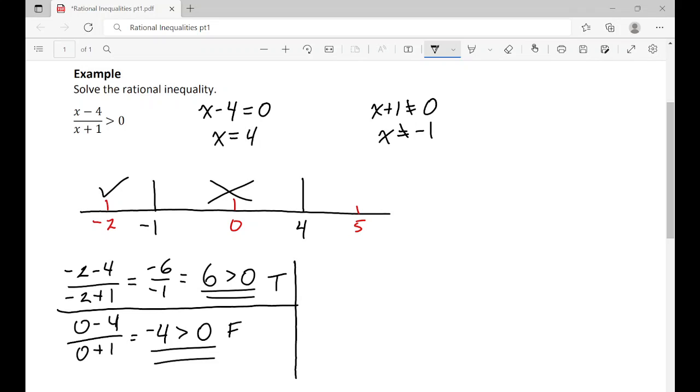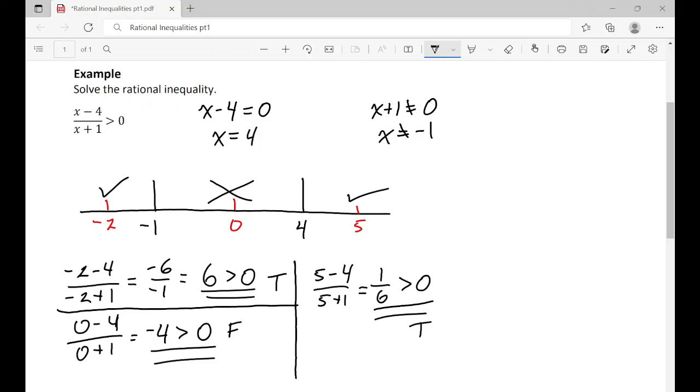And now I'm going to do 5. 5 minus 4 over 5 plus 1 is going to give me 1 over 6, and is 1 over 6 greater than 0? Again, this is true. So since 5 is true, all numbers over here are true.